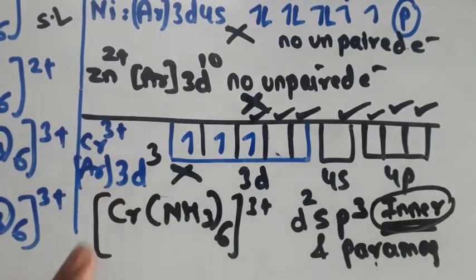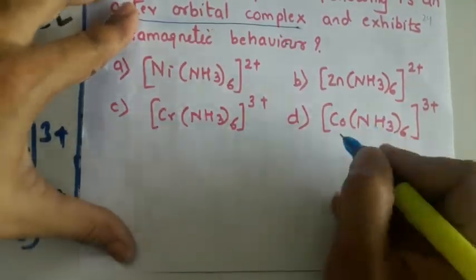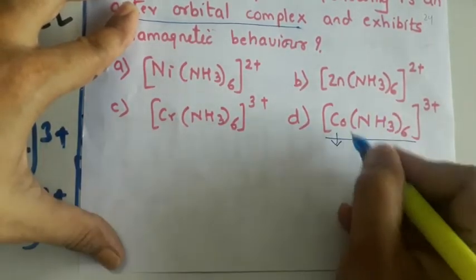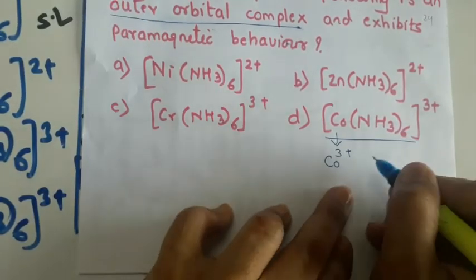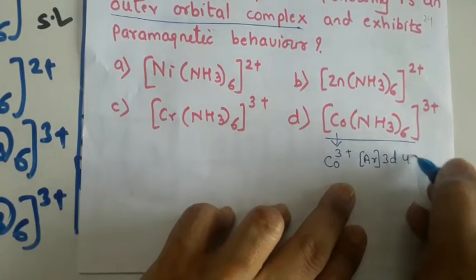Now let us check the fourth option. Are we in a position to solve the fourth option? Okay, so the fourth option is this, students. Chromium is over now. Cobalt +3 would be argon 3d and 4s.